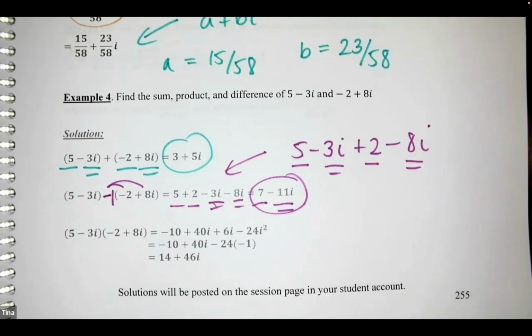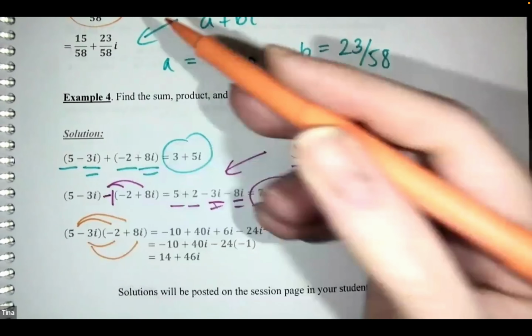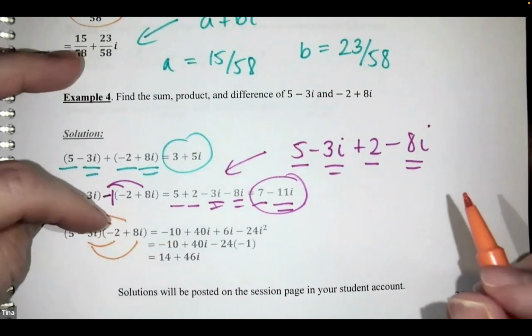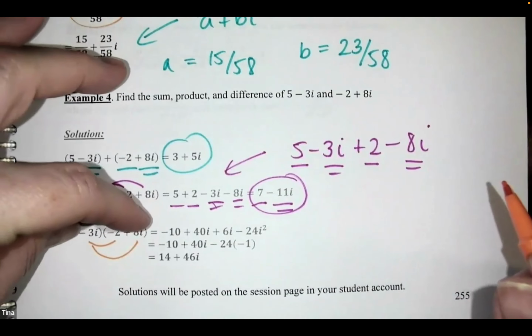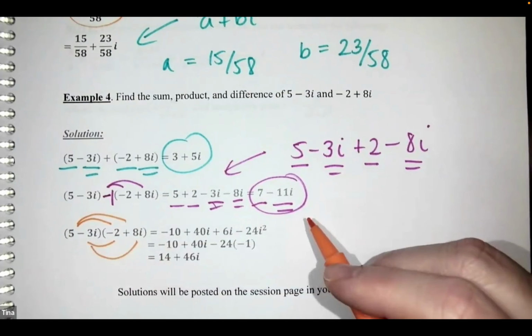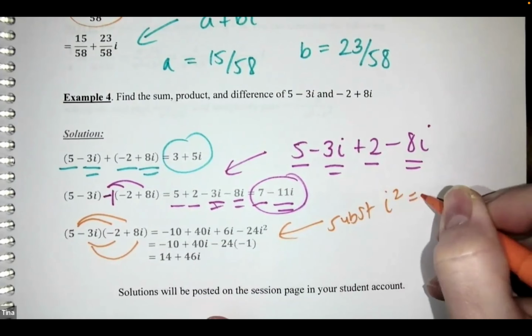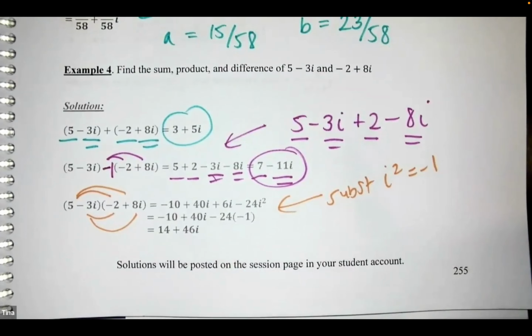Okay, and the last one for the product, well, that's just kind of like what we did in the last example 3, right? So FOIL, so negative 10 plus 40I plus 6I, and then the last term will be minus 24I squared. And then, of course, you're again going to substitute that I squared is negative 1. Collect your like terms. Okay, so we get negative 10 plus 40I plus 24.